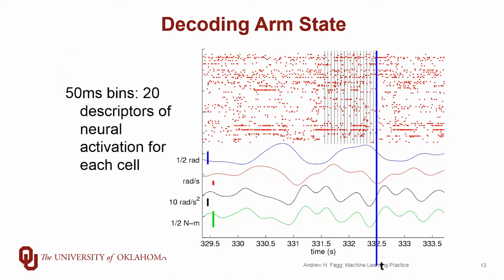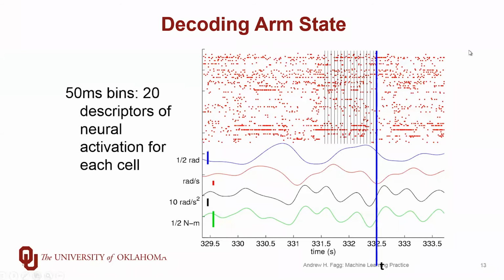A common way that this is approached in the literature is to chop up time into a set of discrete bins. Here we have 20 of these. Each one is 50 milliseconds wide. So this full time period corresponds to a 1 second history of neural activity. And then for each of the bins, for a single neuron, we count the number of spikes that fall within the bin.